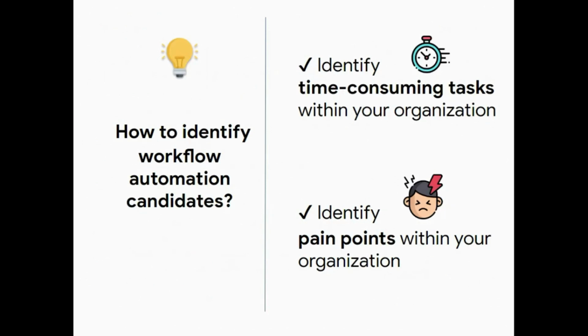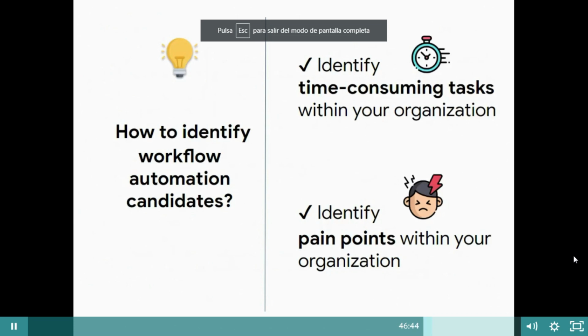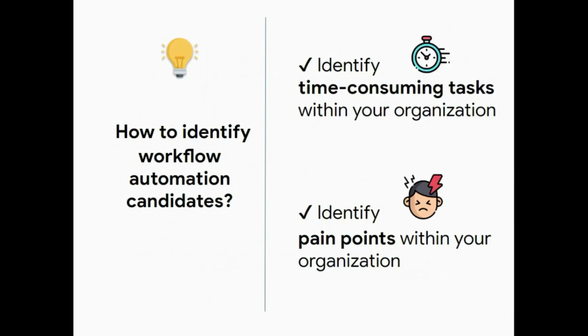And so I usually counsel them to really look at two main areas that surface some of the best automation candidates for the value. Those include time-consuming tasks within your organization, as well as pain points. If you look into these two areas, you'll usually find some great automation candidates surface very quickly.